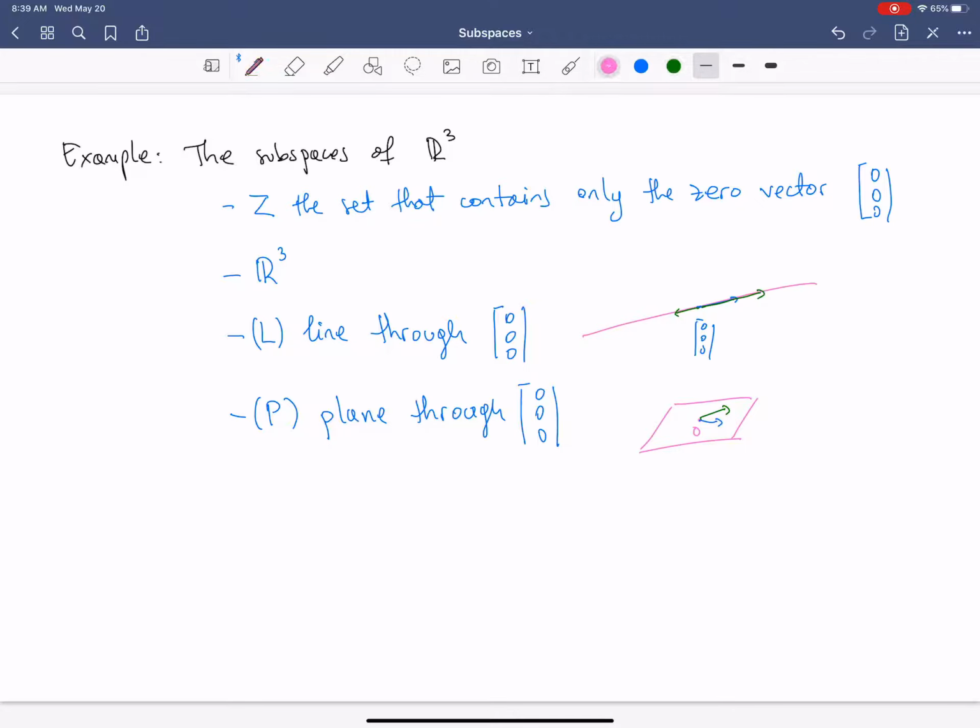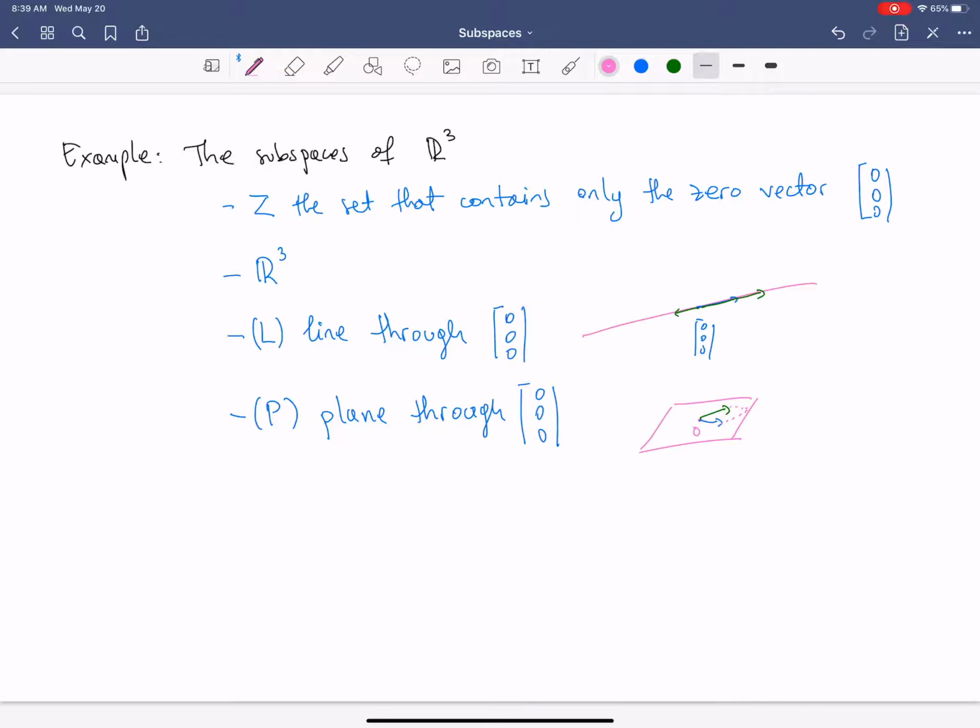If you remember when we added vectors, they're just going to give us sort of a parallelogram which will lie on that plane because the two vectors, the green and the blue vector, are on that plane. If you don't have the origin, you do not have a vector space. And of course, when you have a plane that is a subspace, there are many vectors that will not be on that plane.